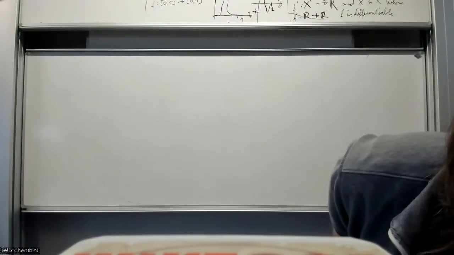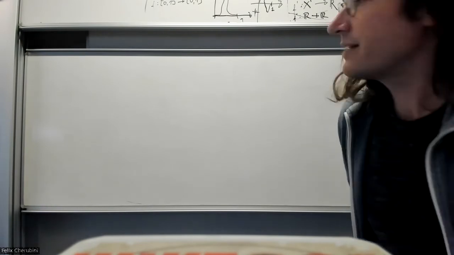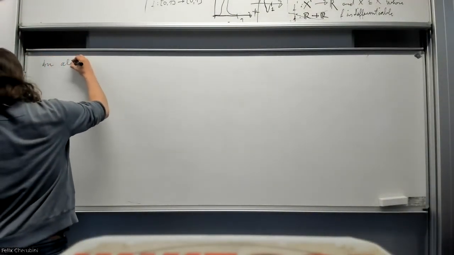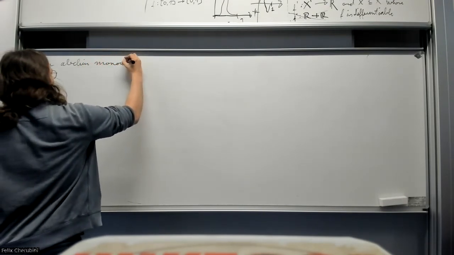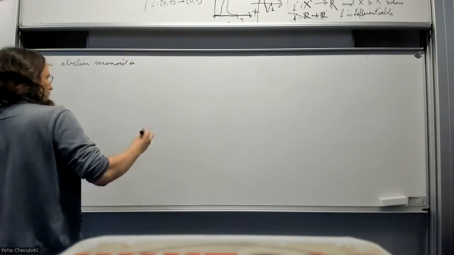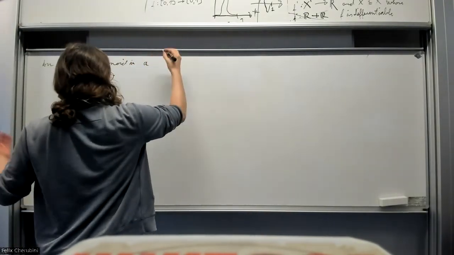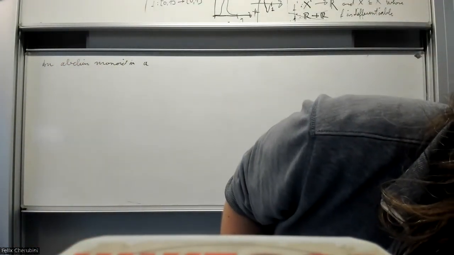I guess it would be good. An abelian monoid is a, how do they say it, a type?